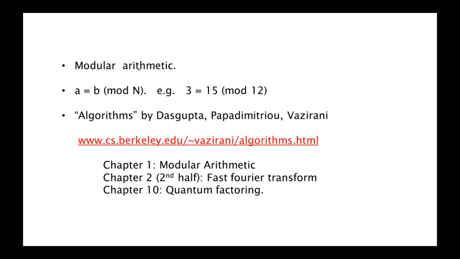So what's modular arithmetic? We say that two numbers a and b are congruent mod n if a minus b is divisible by n. So think of modular arithmetic as what happens when you have numbers around a clock face. There you are counting modulo 12.